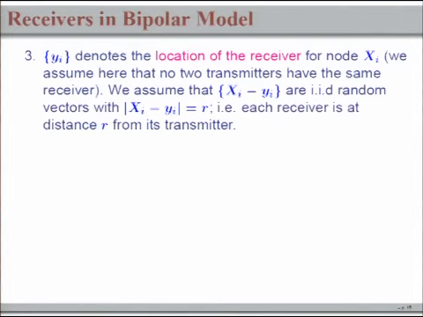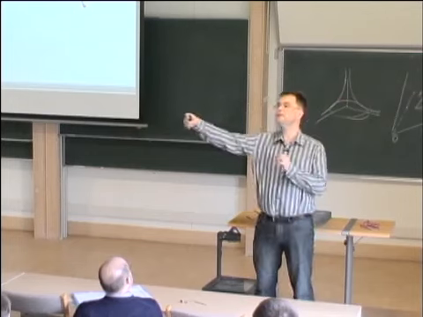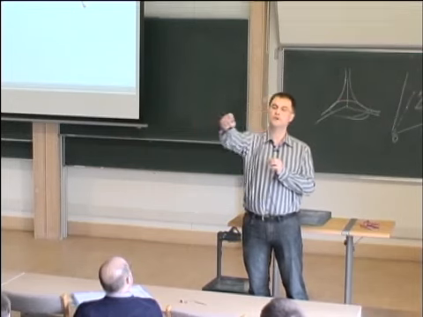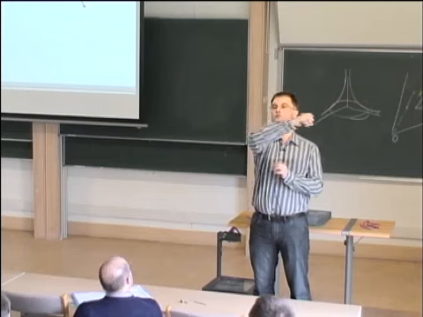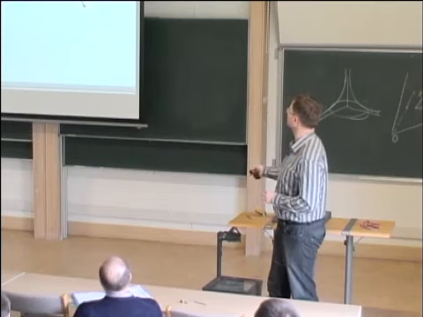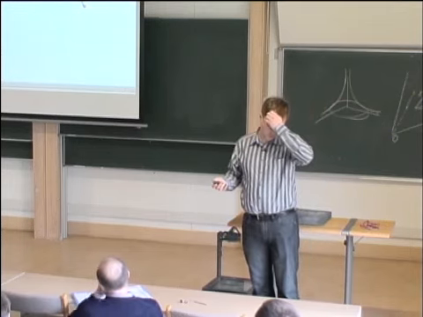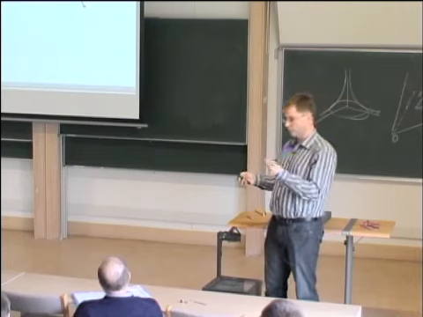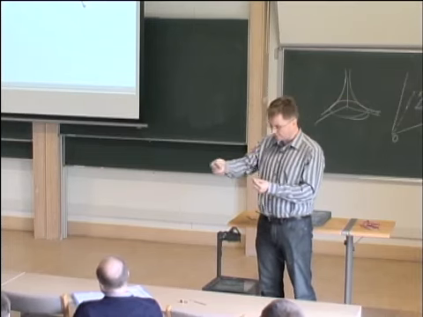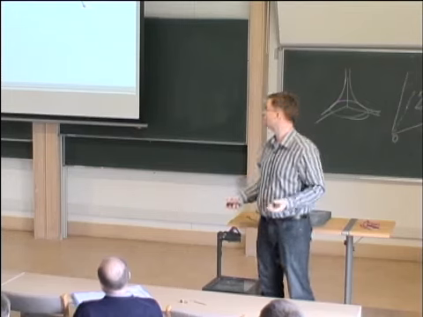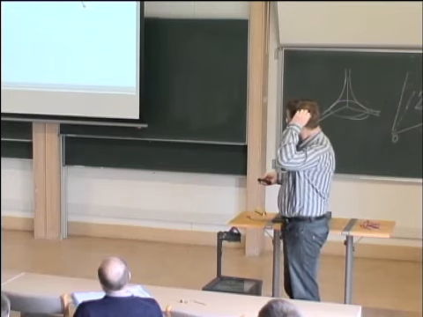We are going to assume that each node, each emitter x_i, its node in my network Φ, is going to have its own dedicated receiver, at a distance r from this point. This is maybe a strong assumption for people doing networking, because every emitter has its receiver at the same distance. Okay, we have to live with it for some time.